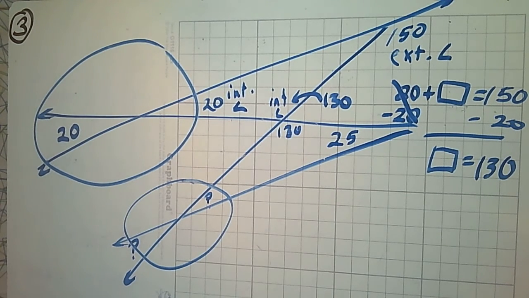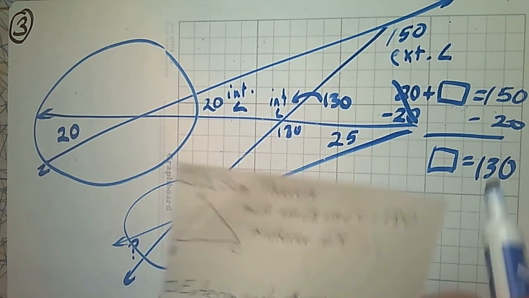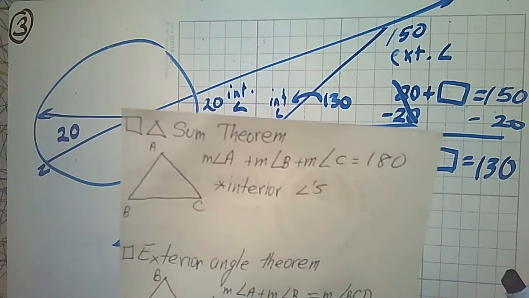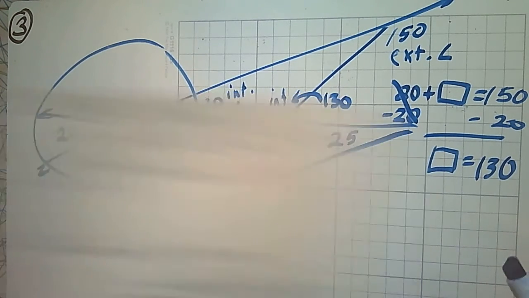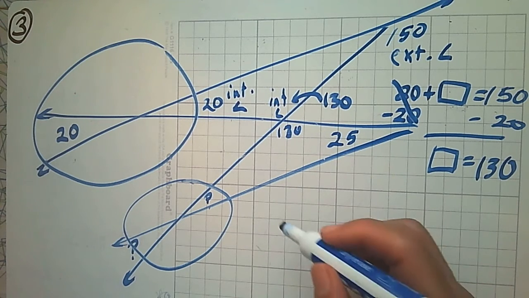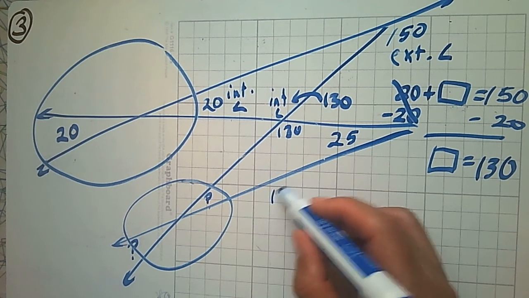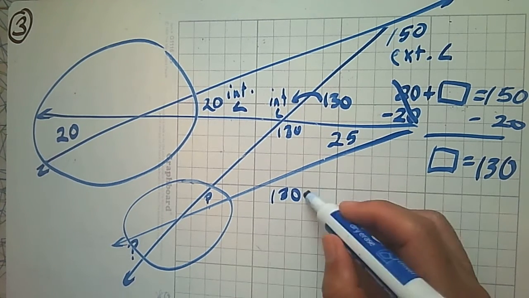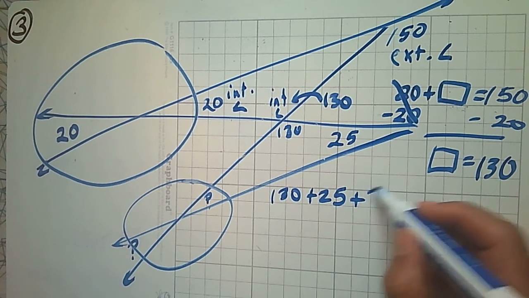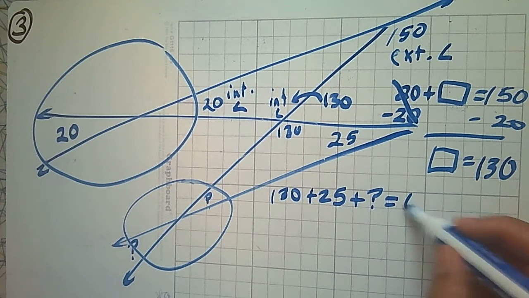Now I use the triangle sum theorem, which means if I add all the angles, it should be equal to 180. So I do 130 plus 25 plus question mark is equal to 180.